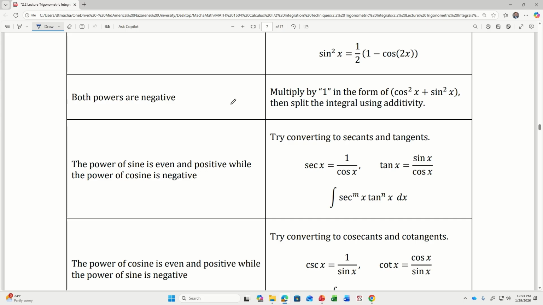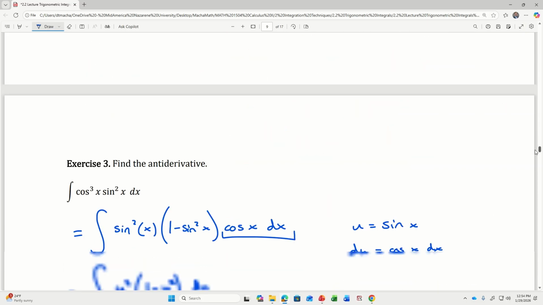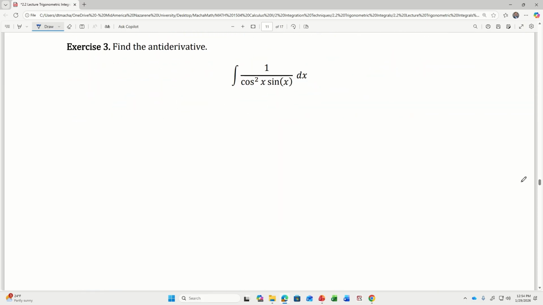In this case, we want to multiply the integrand by cosine squared plus sine squared, because that's like multiplying by 1. Where that plus sign happens, we can split this into more than one antiderivative. I can write that 1 in the numerator as cosine squared plus sine squared.